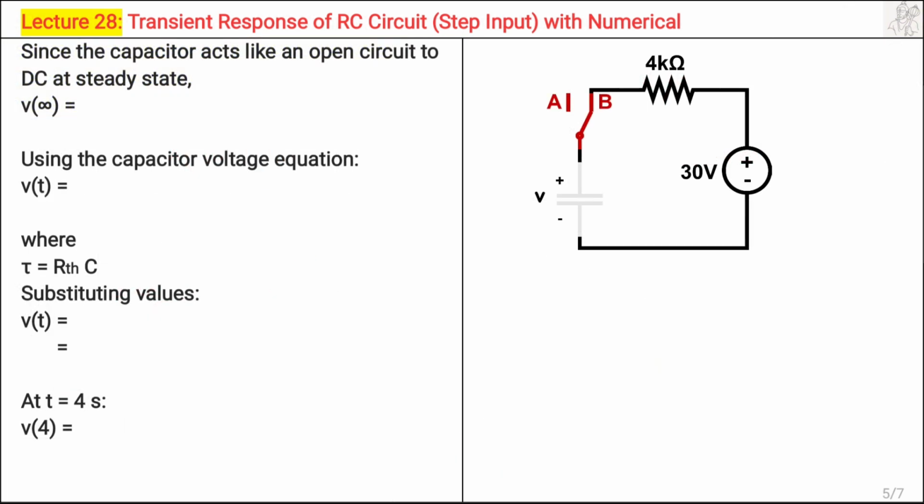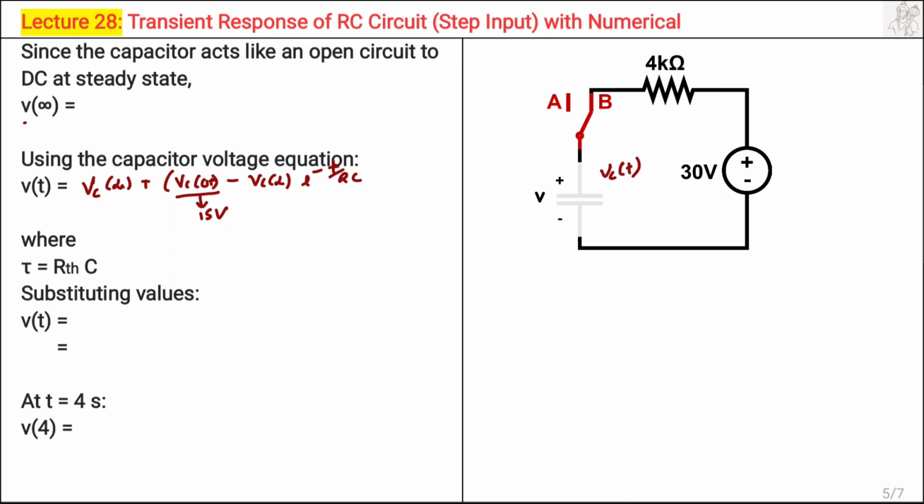Now finally our task is to find out the equation for Vc(t), and we know that Vc(t) is simply Vc infinite plus Vc(0 plus) minus Vc infinite, times e raised to power minus t by RC. At time t equal to 0, we have already found out that the voltage is simply 15 volts.